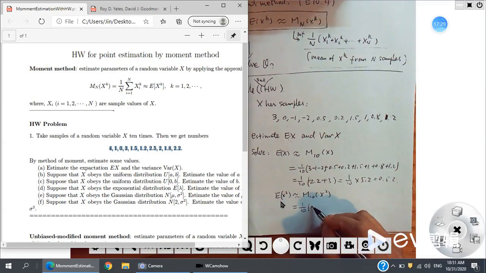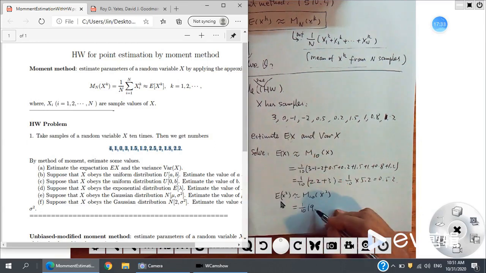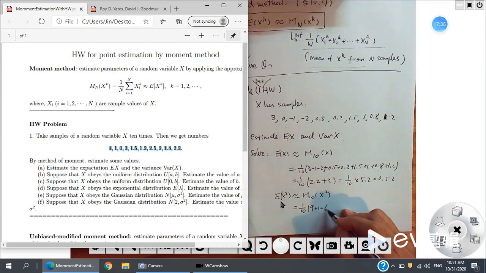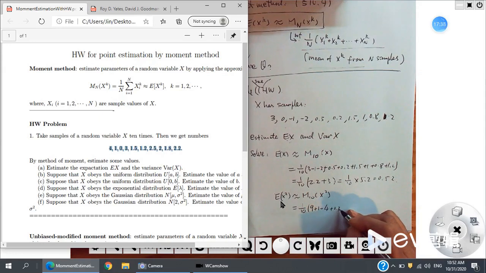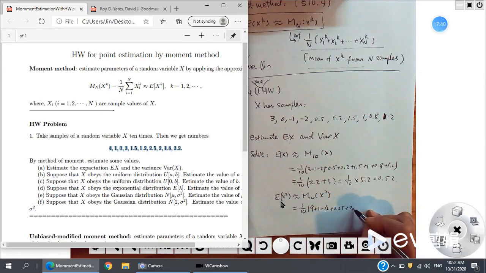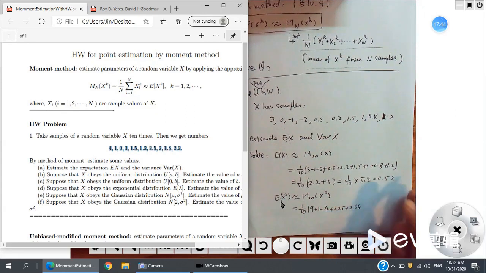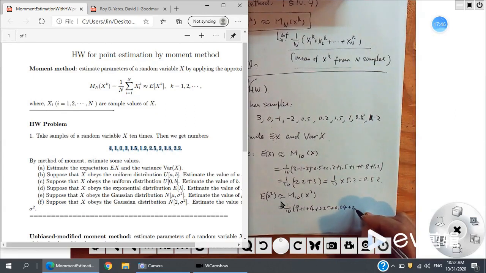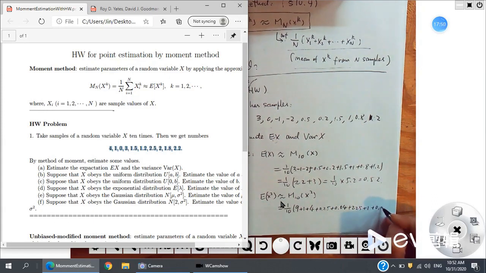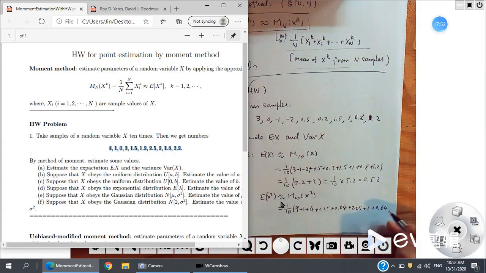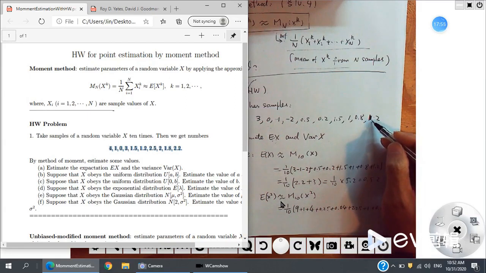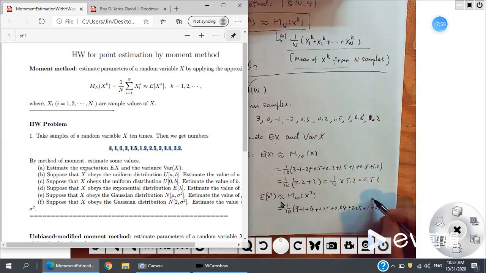So X squared terms are 9, then plus 1 plus 4 plus 0.25 plus 0.04, and plus 2.25 plus 1 plus 0.64, and plus 1.44.